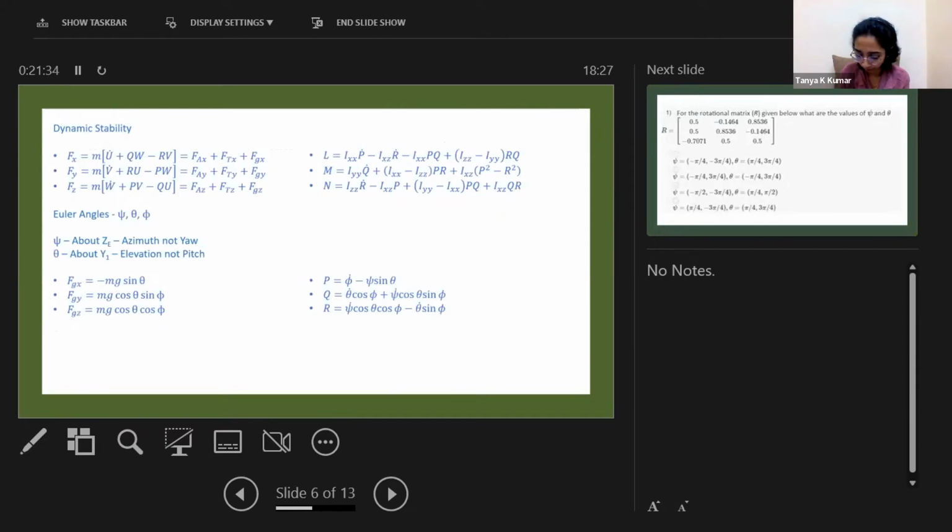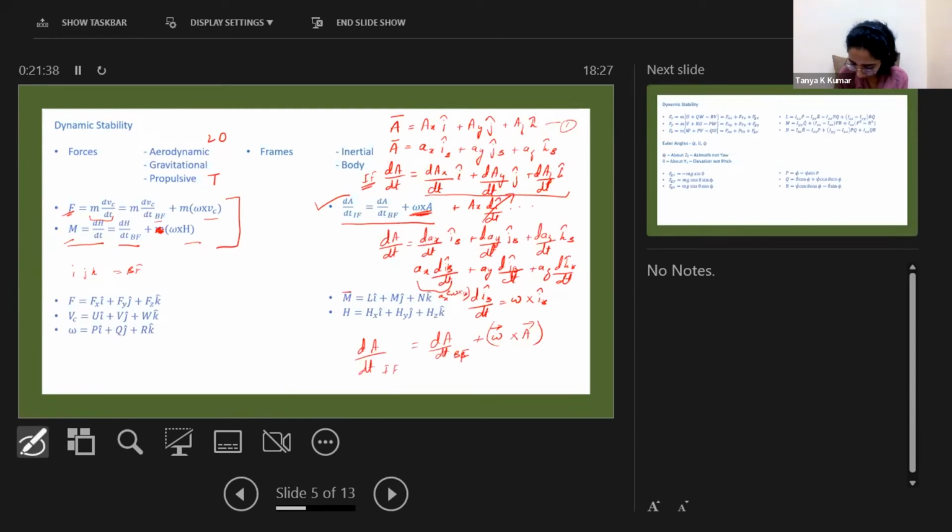How do we expand? We knew this equation, right? Using this equation, we expand it. So there will be a u dot, v dot, w dot component that comes from here. And there will be product terms between PQR and Vc, that is UVW.